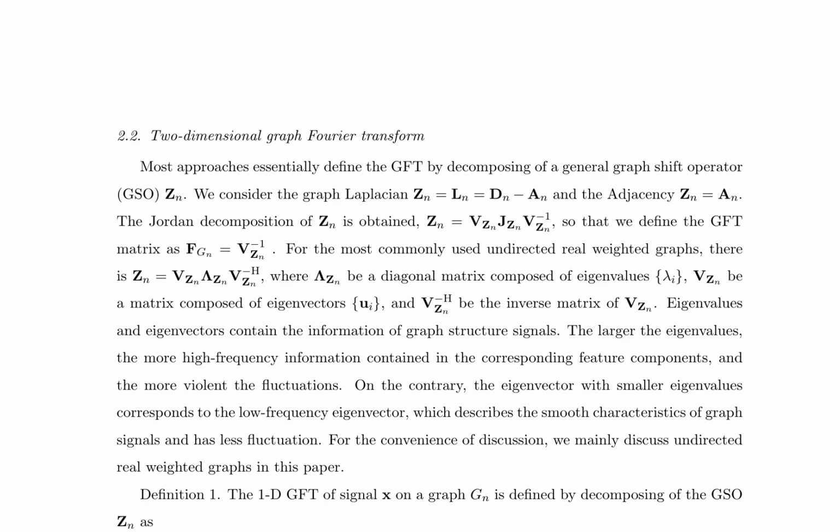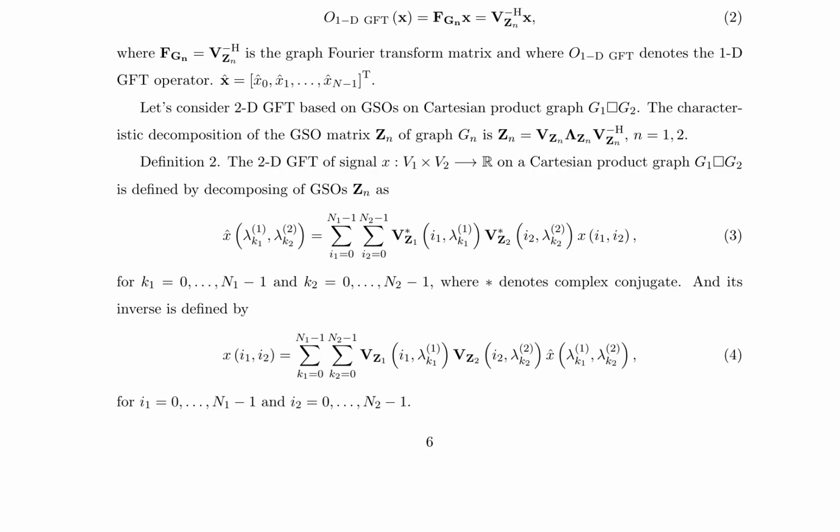The 2D graph Fourier transform is extended to Cartesian product graphs, where the graph shift operator Zn is decomposed, and the 2D graph Fourier transform of a signal x on a Cartesian product graph G1 hollow square G2 is defined as a double summation over I1, I2 of the products of the eigenvectors VZ1 at lambda 1, K1 and VZ2 at lambda 2, K2, with x at I1, I2.